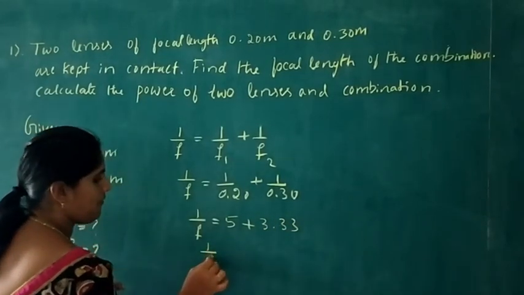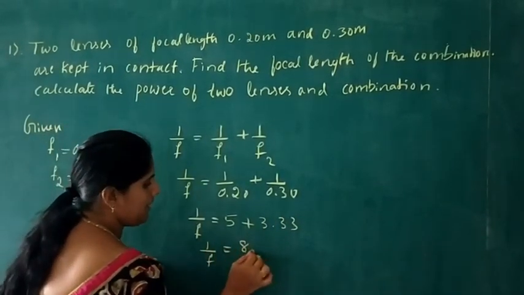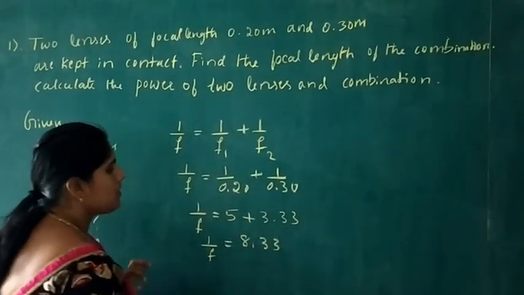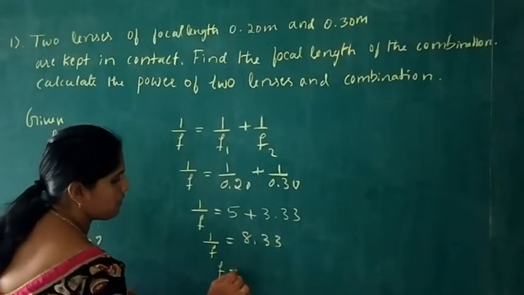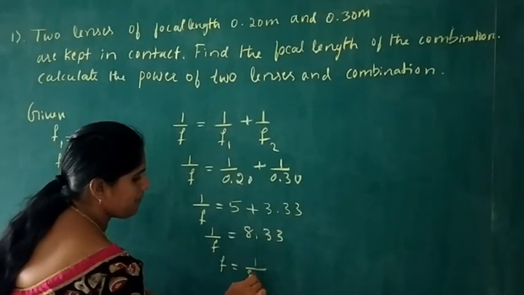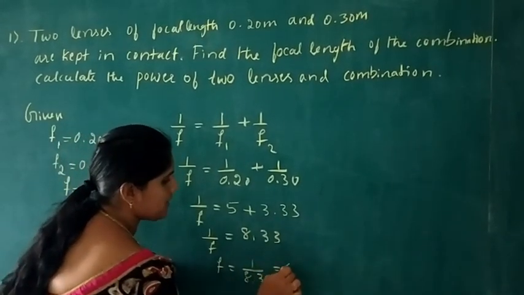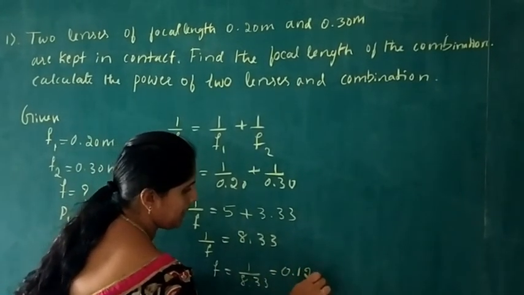So 1 by F is equal to 8.33, so F is equal to 1 divided by 8.33, which is 0.12 meter.